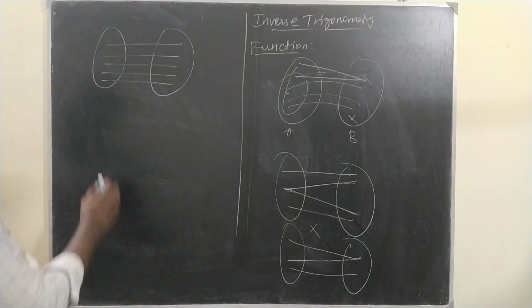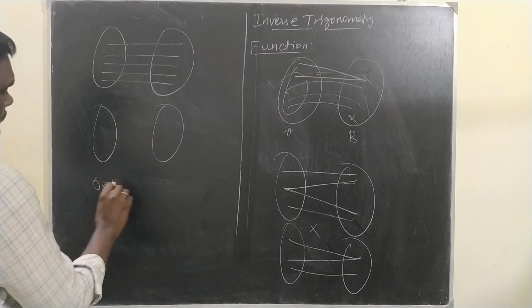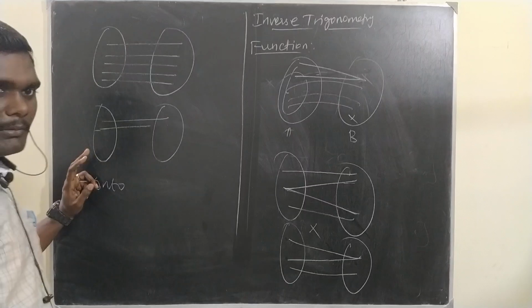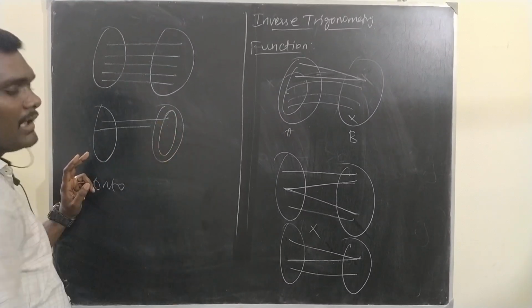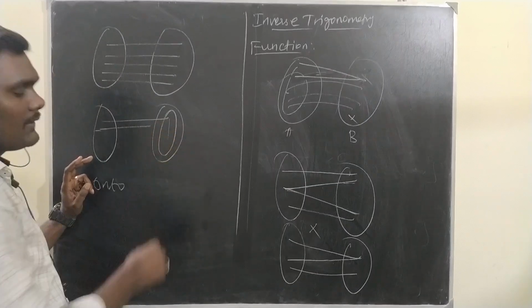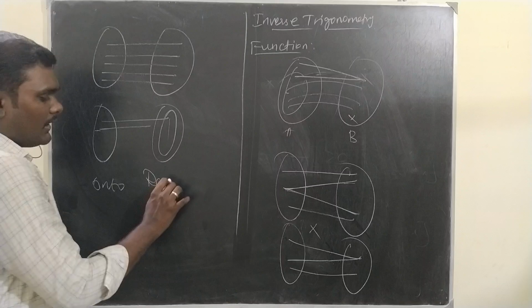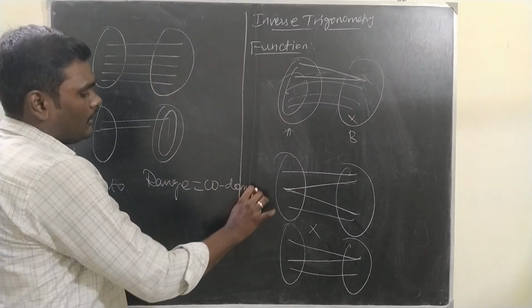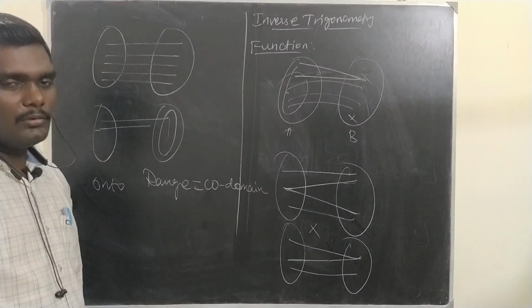And then surjective means what? Onto. Here already all the persons are mapped in the domain, not a problem. But in the codomain, all the elements should have a pre-image. Simply, if the range becomes the codomain, then we call it an onto function.